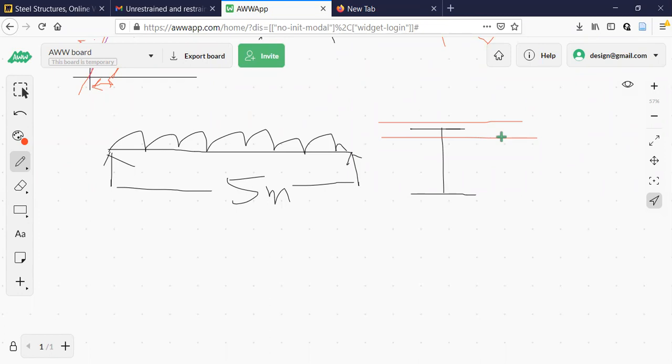Only this much is given to you. That is why I'm telling you, if this much data is given for an RCC beam, it is not possible for you to find out anything there. You cannot find the moment of resistance with this much data. If I say it is a concrete beam, some steel rods are there inside. It's not possible. That is why it is very simple actually.